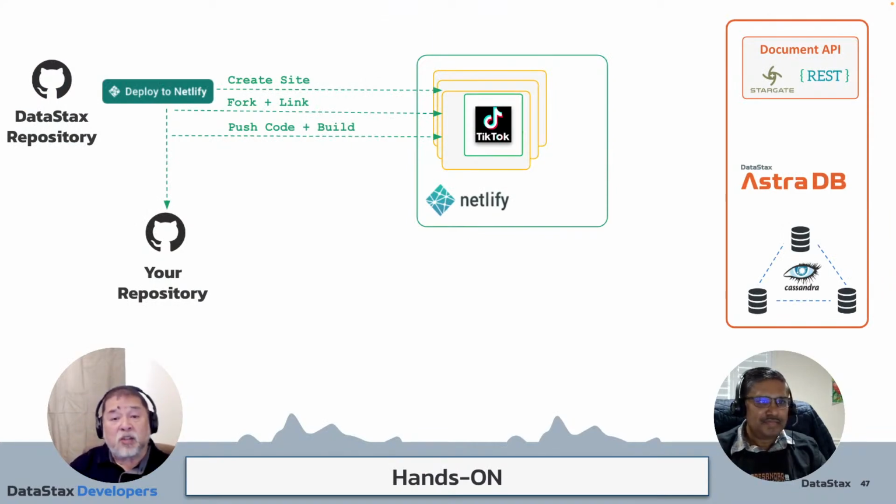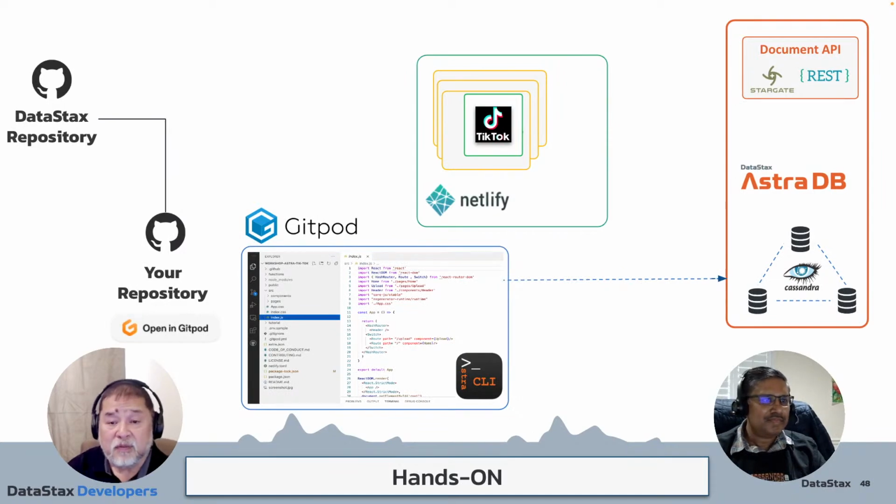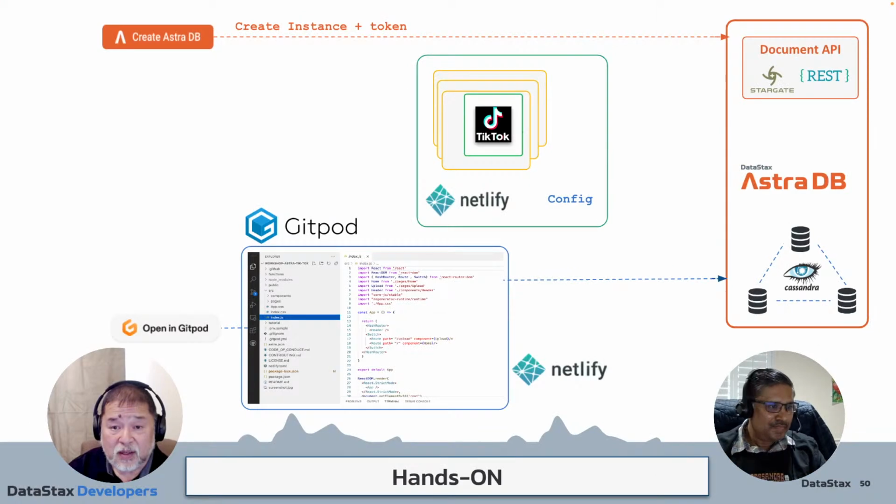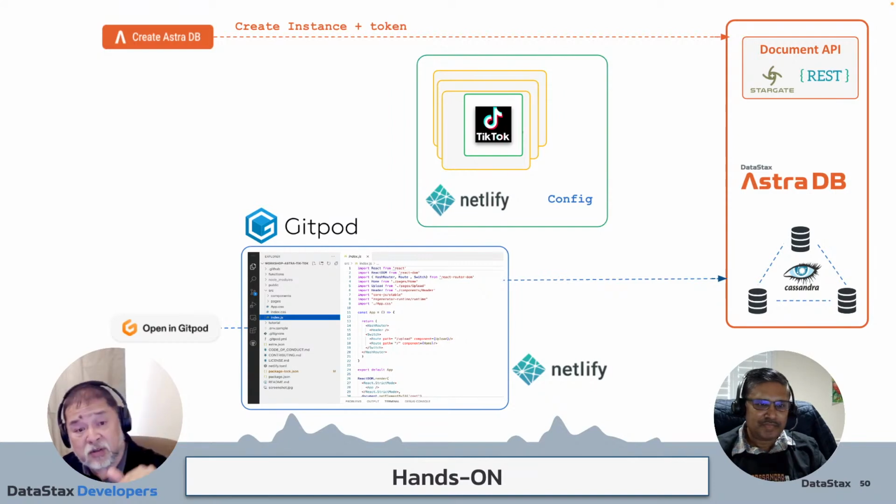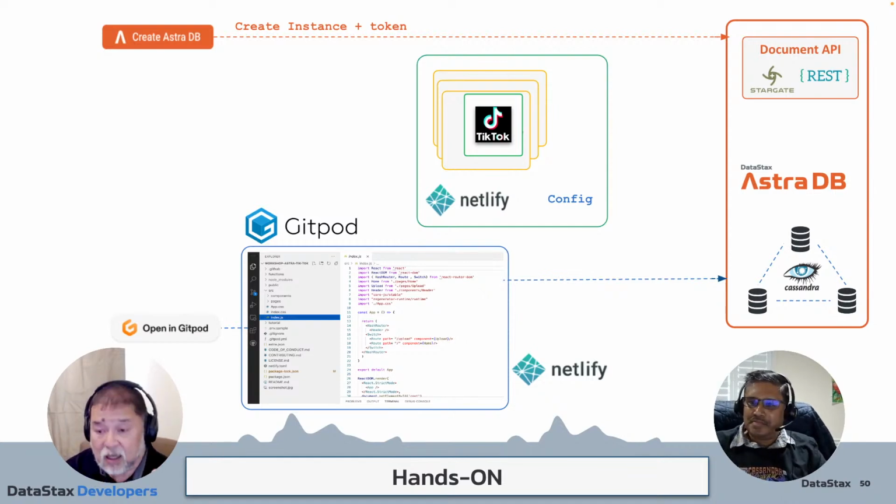But this is what we talked about: deploying to Netlify, using the Gitpod environment, coding against the DB, showing the Netlify functions in JavaScript, and how they use the environment variables we created, containing the database ID, which is a UID, the token, and the region in which the database is deployed.